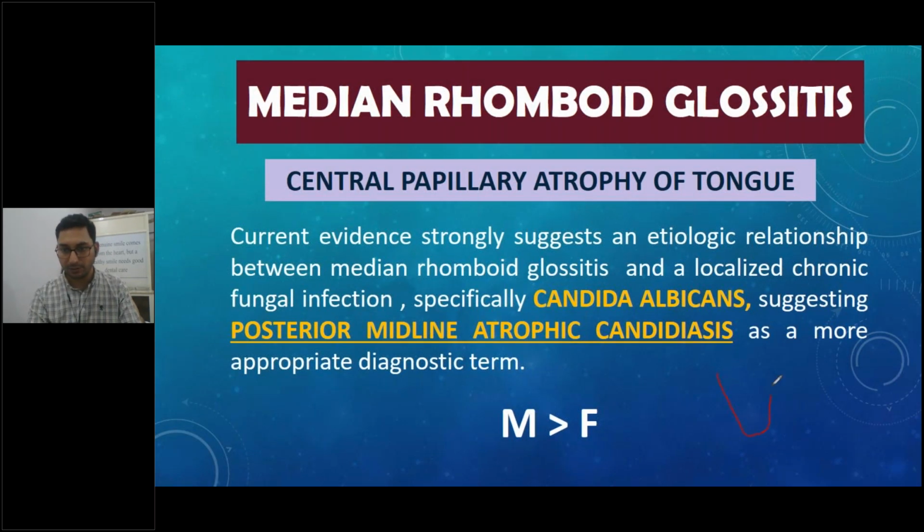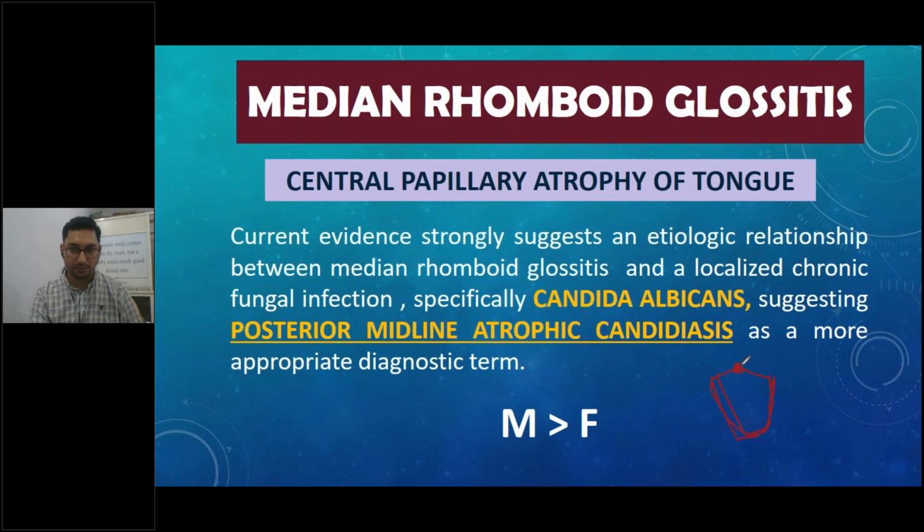If this is the tongue, and this is the anterior 2/3 of the tongue, this is the sulcus terminalis, where you will find the foramen cecum embryologically. Usually the tuberculum impar is present here and no papillae are present. Earlier they believed that the persistence of tuberculum impar in this sulcus terminalis led to median rhomboid glossitis. This was the old concept.